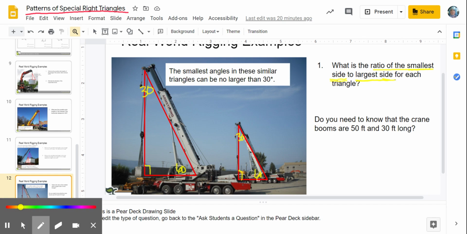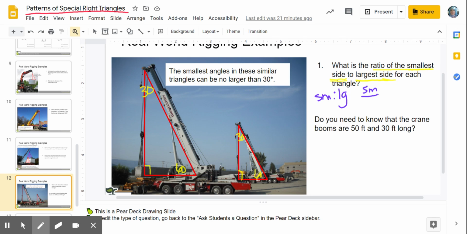We can make ratios in a couple of different ways: small to large with a colon, or small to large with a fraction, right? And we can label these. Opposite the 30 is x, opposite the right angle is 2x, and opposite the 60 is x on the square root of 3.